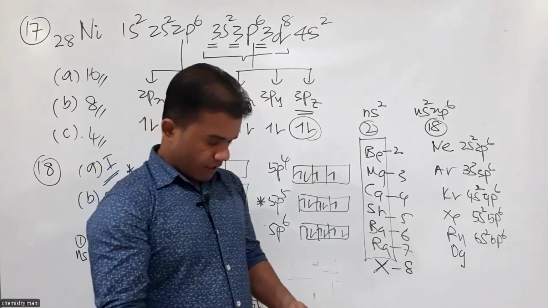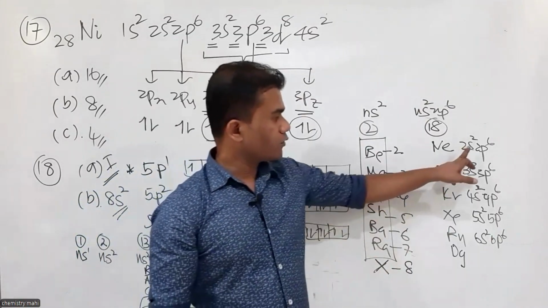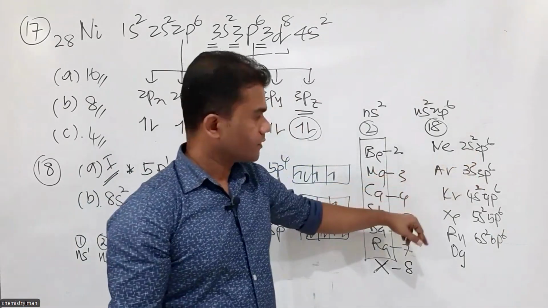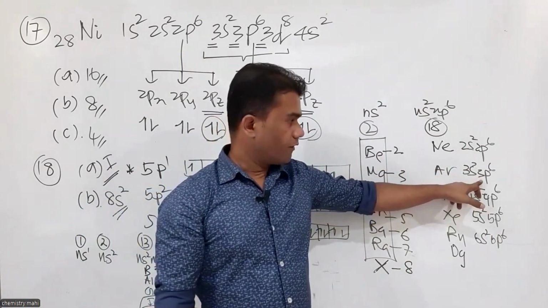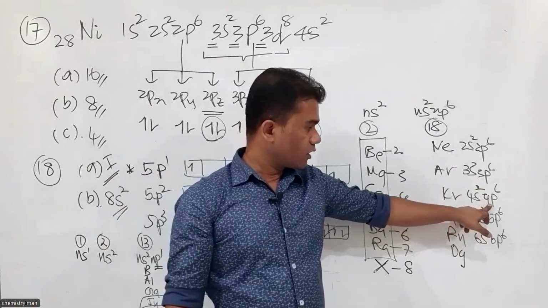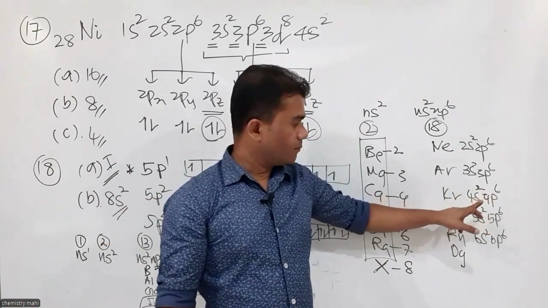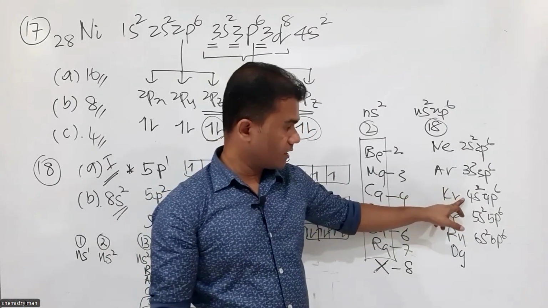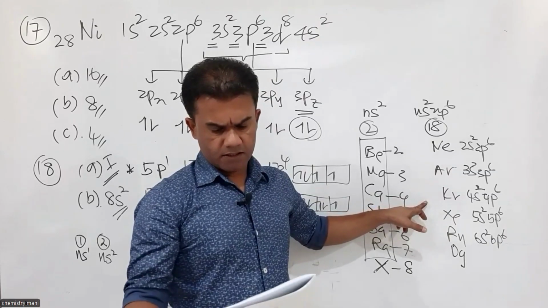But they say the noble gas with electrons occupying 4d orbitals. Once you come to 2p6, do you meet any d orbitals? No. Once you come to 3p6, do you meet any d orbitals? No. After 3p6, 4s2, then only we come to d. Once you come to 4p6, you meet d, of course; before 4p6, 3d is filled. So krypton has electrons in 3d, but we need 4d.